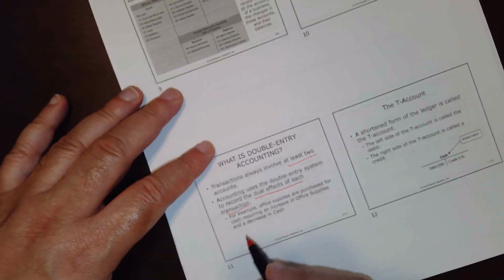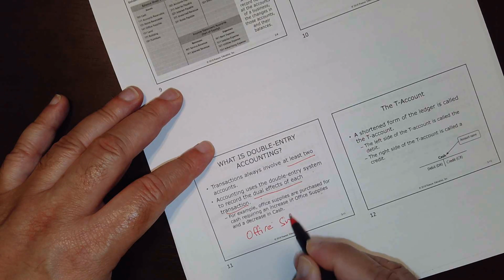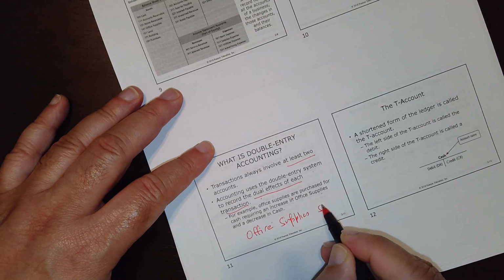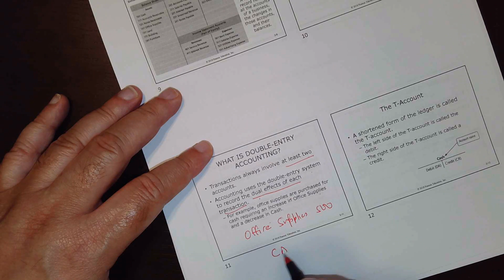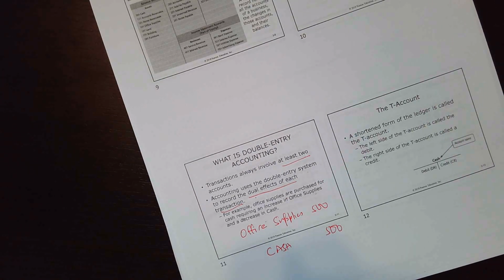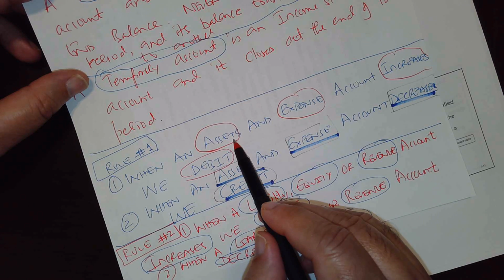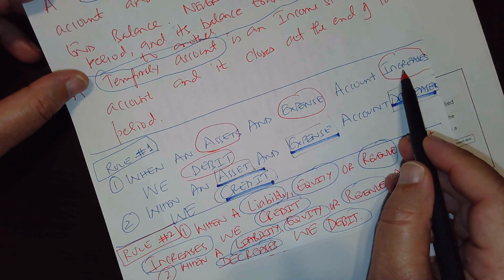So when we write it, we say office supplies, say for $500, and we gave up cash $500. If we go by the rules we have talked about, when an asset or expense account increases, we debit.